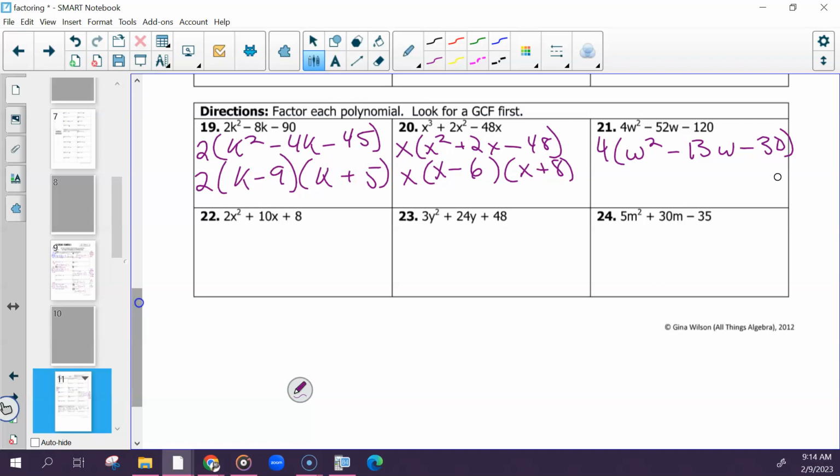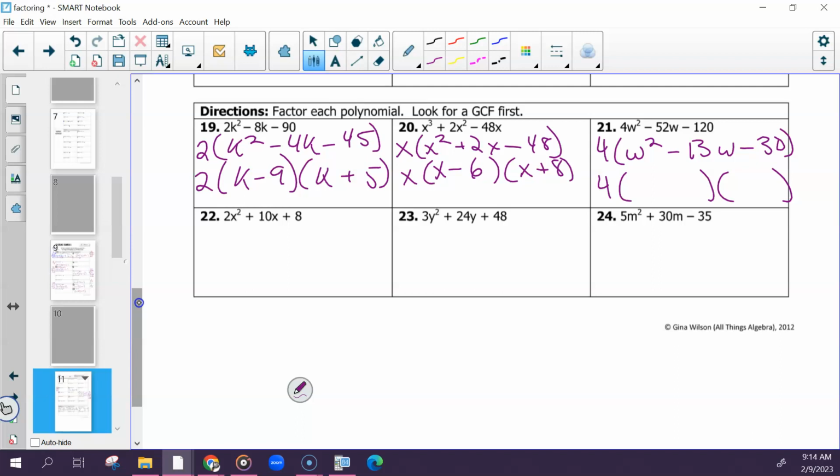Okay, so think about your factors of 30. One of them has to be negative because this is negative. Okay, so if one of them is negative, would that give you 13? That's another example where it looks like that should be the right answer, but it's not. 2 and 15.